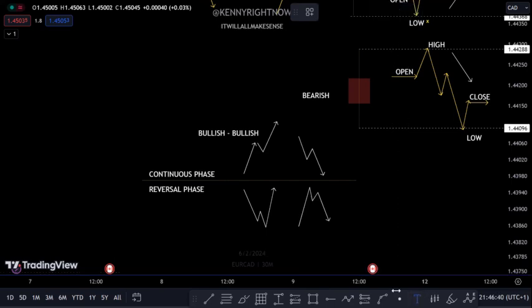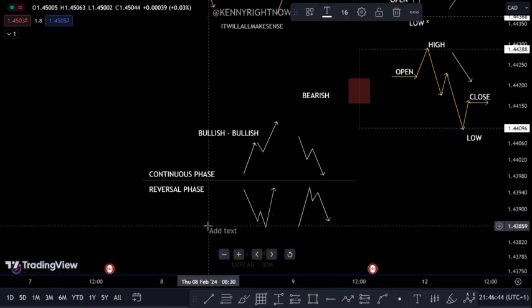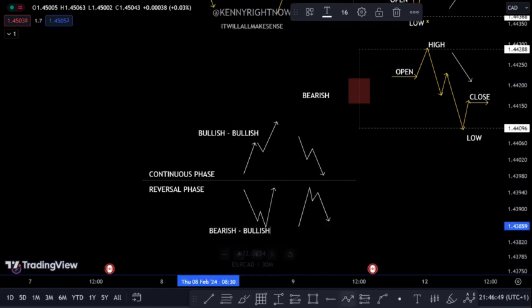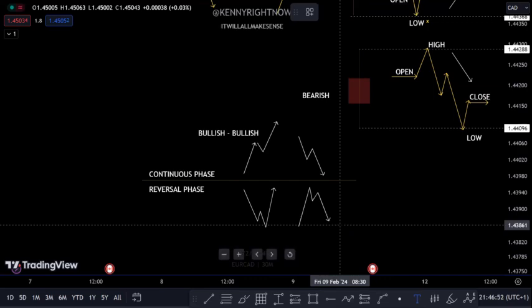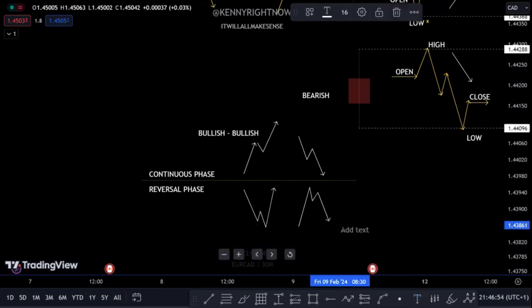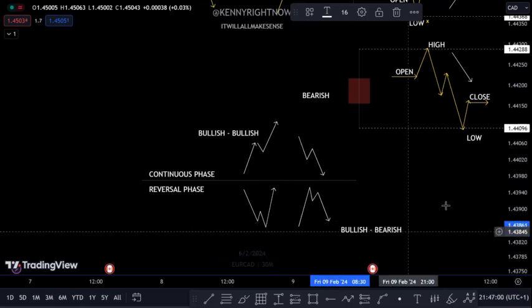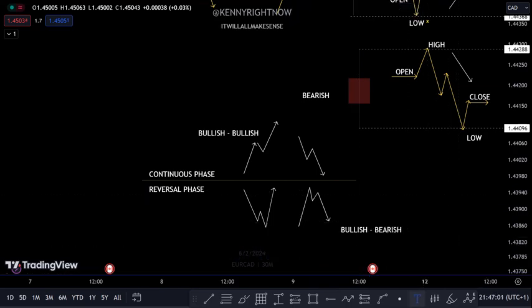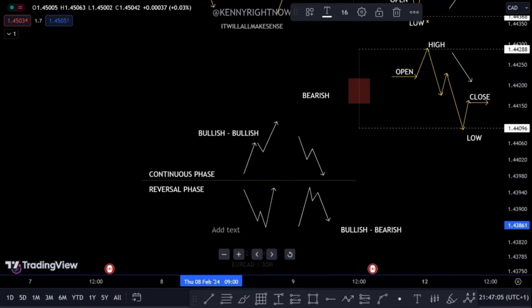Now, in the reversal phase, we're going to be having a bearish to bullish. And in the other reversal phase, we're going to be having bullish to bearish. And this other one, first one is a bearish to bullish.